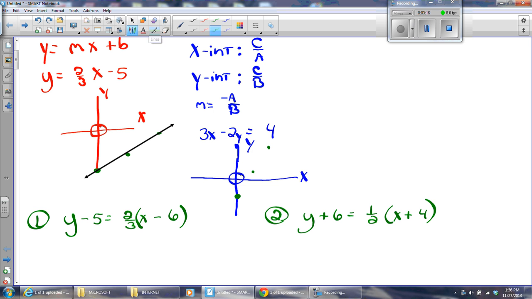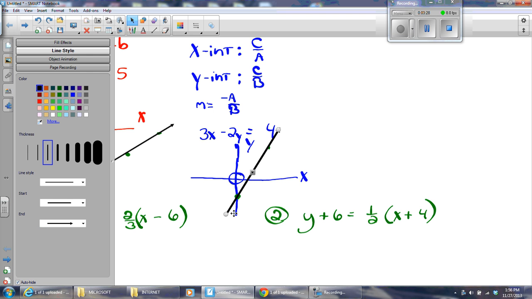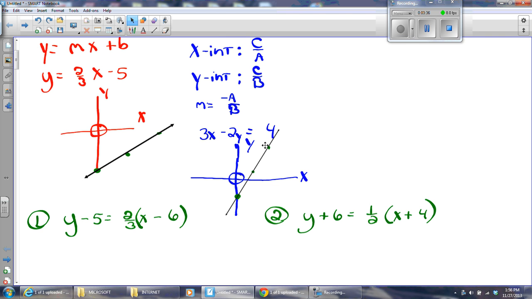And then of course my line would look like that. And look at that. Pretty close. All right, get an arrowhead on that end. And I'll make it thinner so we can see the points.